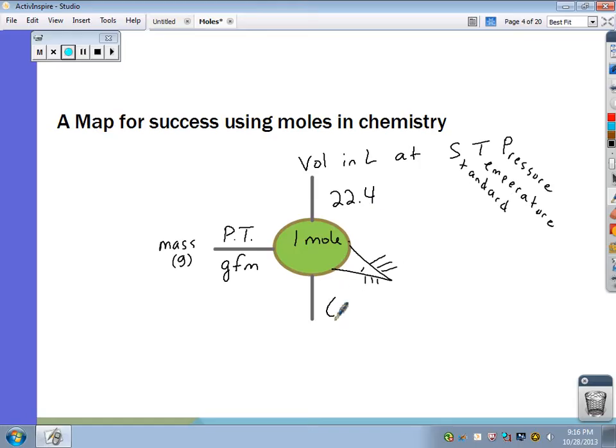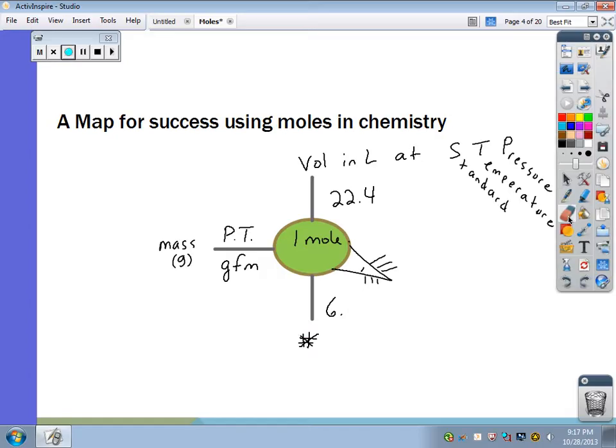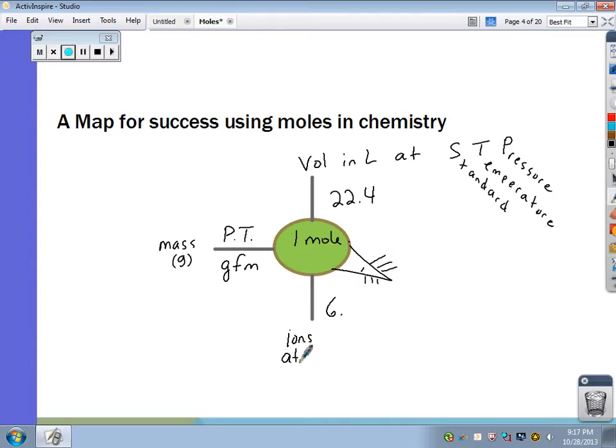So that's my volume in liters. And here, to go down to number, the things we're going to use, the particles, are words like ions, atoms, formula units, and molecules.